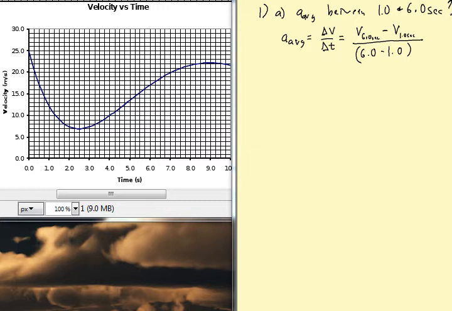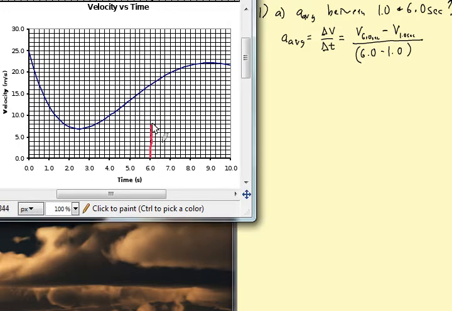Let me get a decent color to use. I don't want to use blue because that's going to conflict with the blue they've chosen. So we're at 6.0, I'm going to draw a little line up there, go across, and we find 17.0. That's right, 17.0.